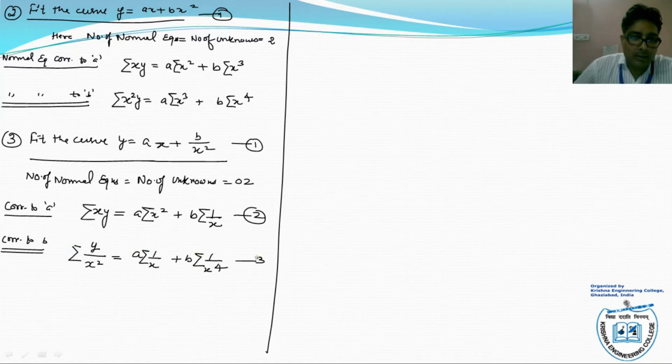These are the normal equations for the first equation. Solve these equations for a and b, put these values in the first equation, and we get the best fitted curve. Now fit the next curve.